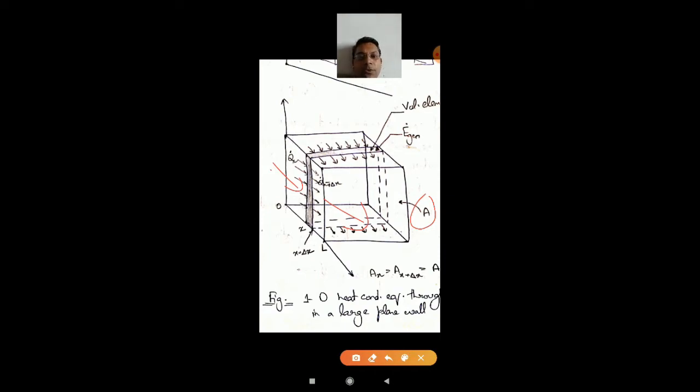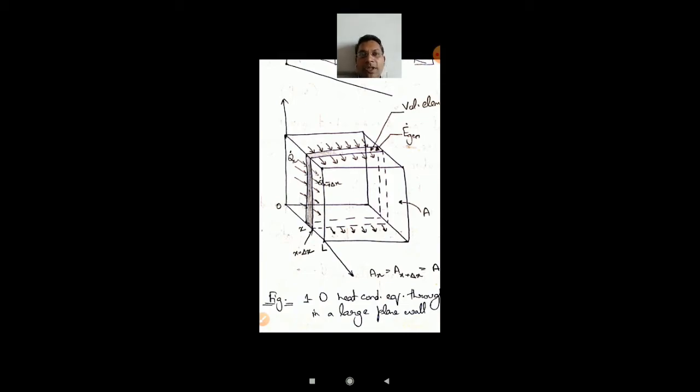Now I am going to perform an energy balance over this small element of thickness delta x. What will be the energy balance? Just look at that. A simple fundamental rule of energy balance is what energy is coming in and what energy goes out.